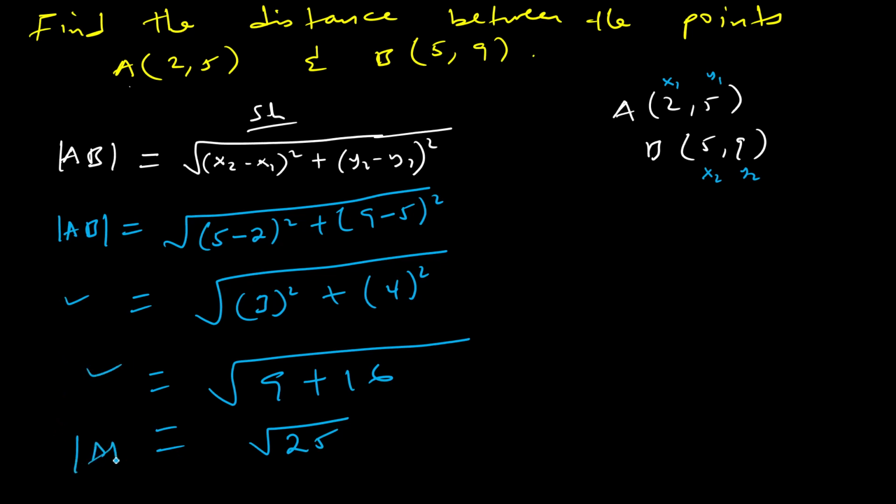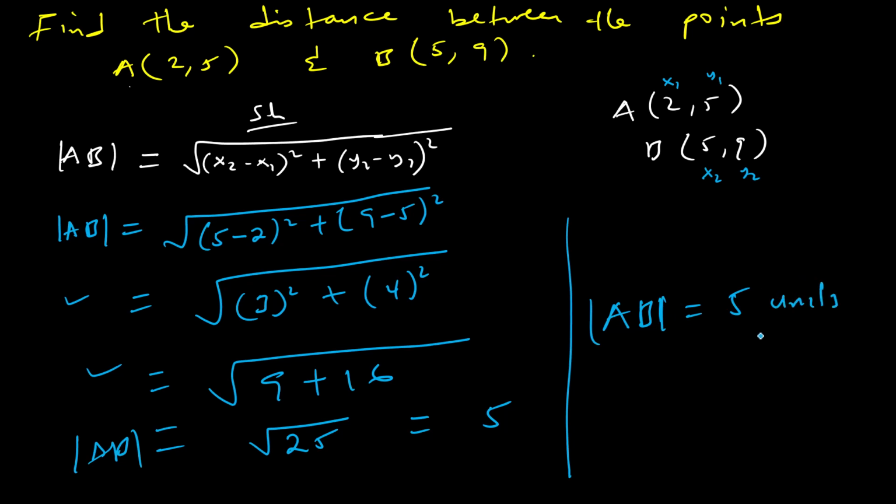So AB is the square root of 25, which is 5. Now remember, length can never be negative, so you can't say plus or minus. So the answer is 5. Therefore, the length AB is 5 units. Always add the units. That's that.